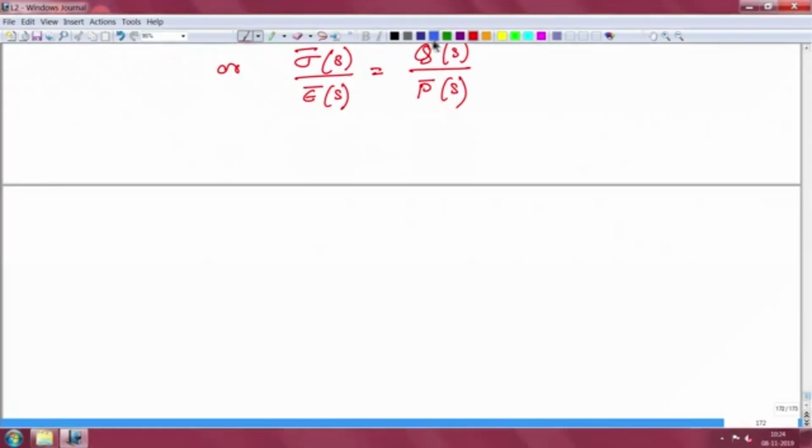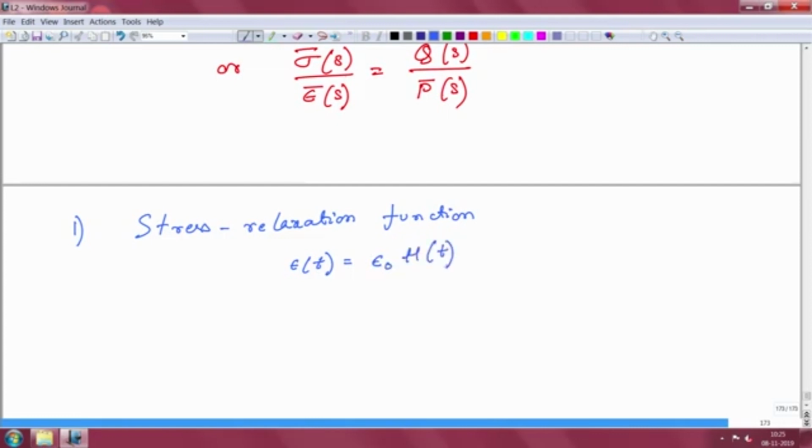So, now let us go ahead and look at the different cases. First thing we will do is look at the stress relaxation function, where you are basically going to impose a step strain, which is again epsilon naught into h of t.